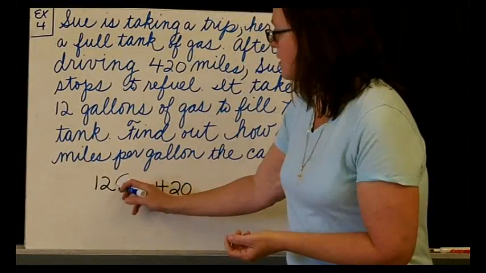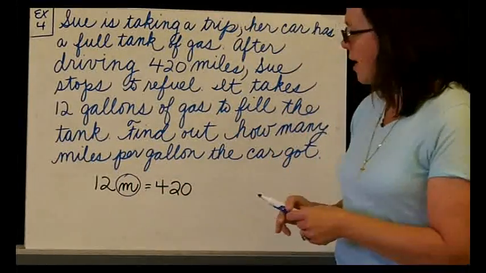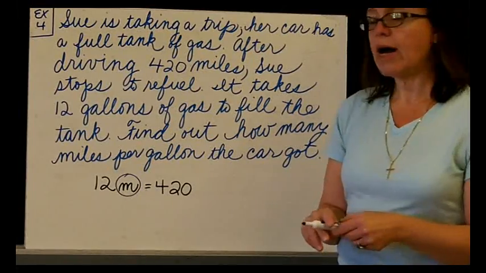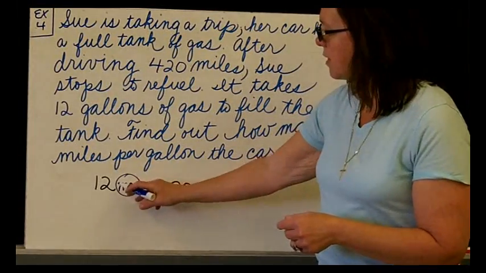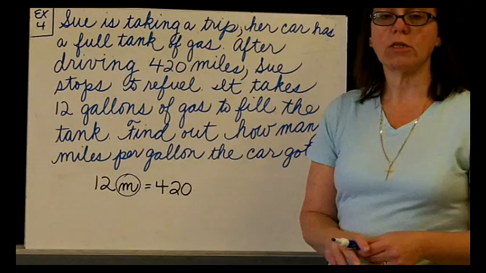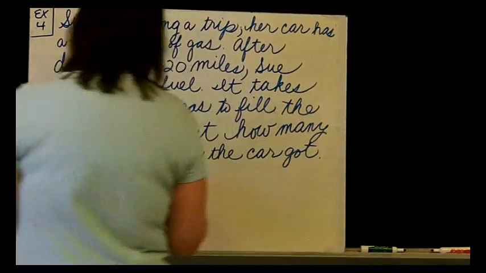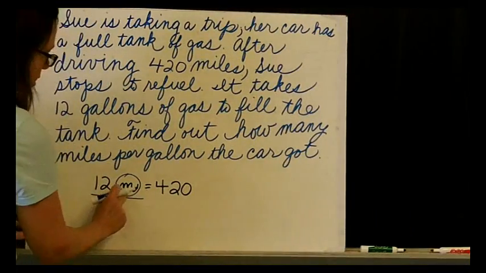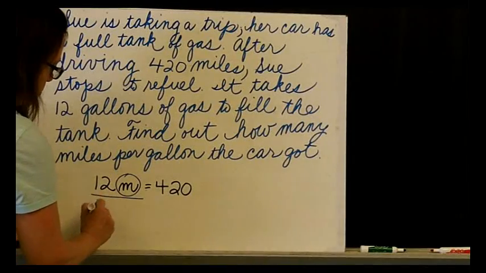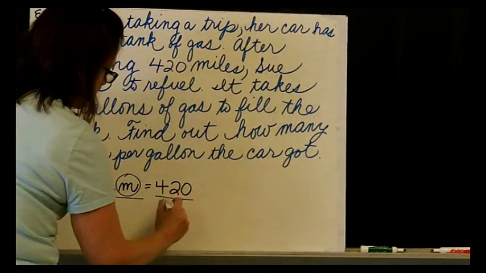So in order to find out how many miles per gallon her car got, we have to divide both sides by the coefficient 12, because the opposite of being multiplied by 12 is being divided by 12.